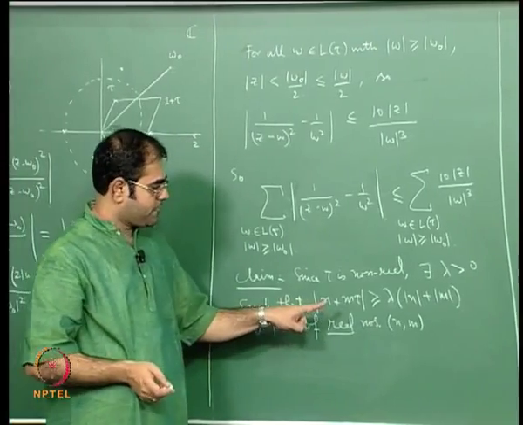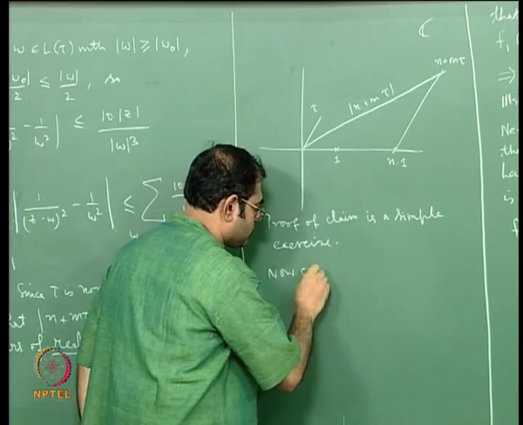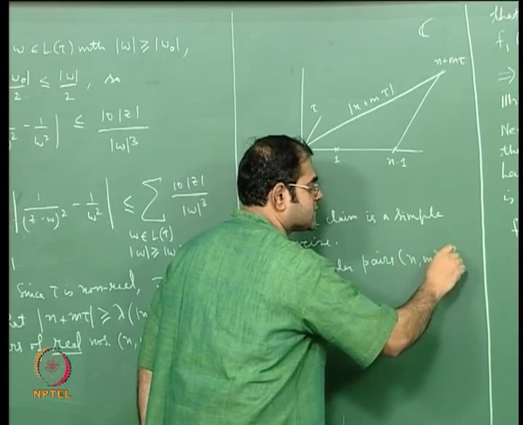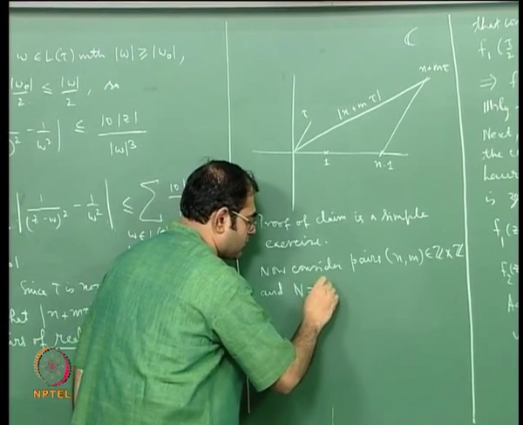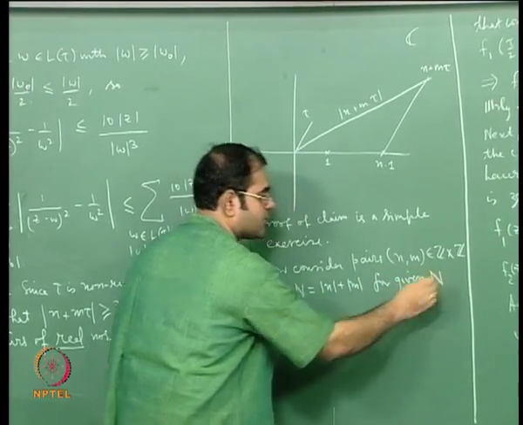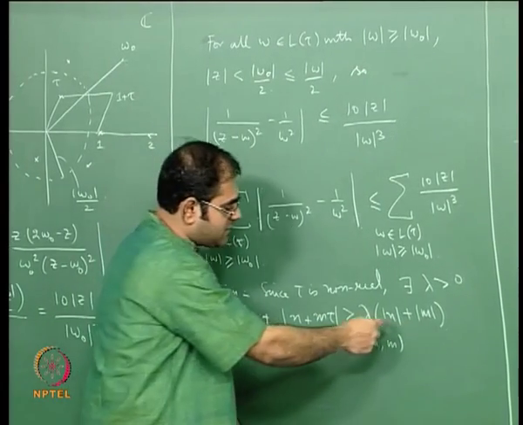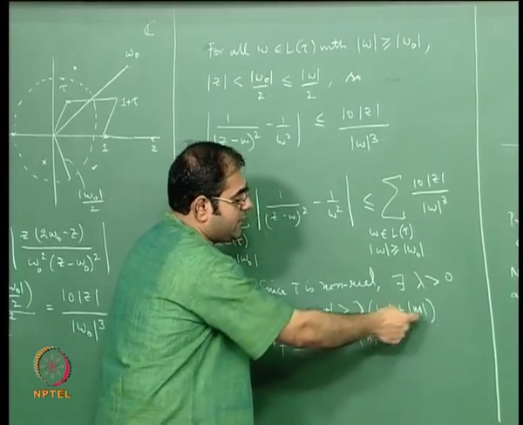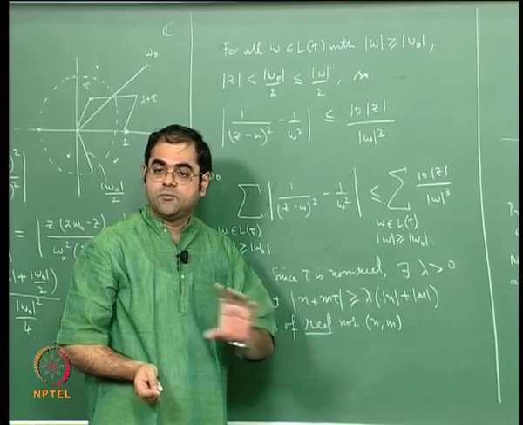So now consider pairs n comma m which are integers, and mod n plus mod m equal to a given capital N. Actually there is a double summation here, there are two free integers, but I want to group it into one.